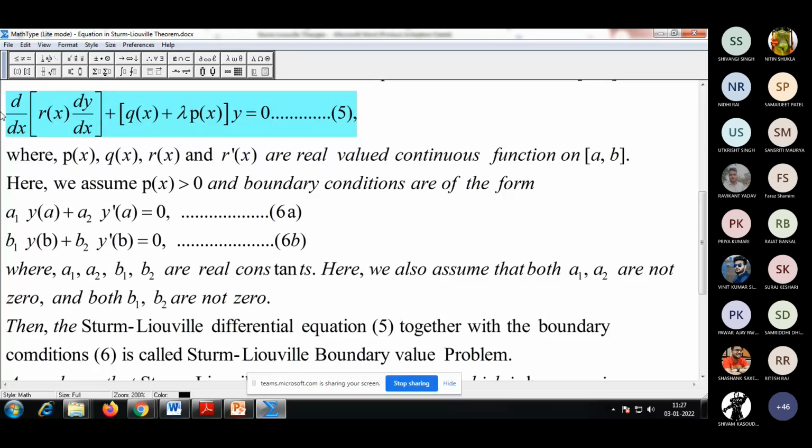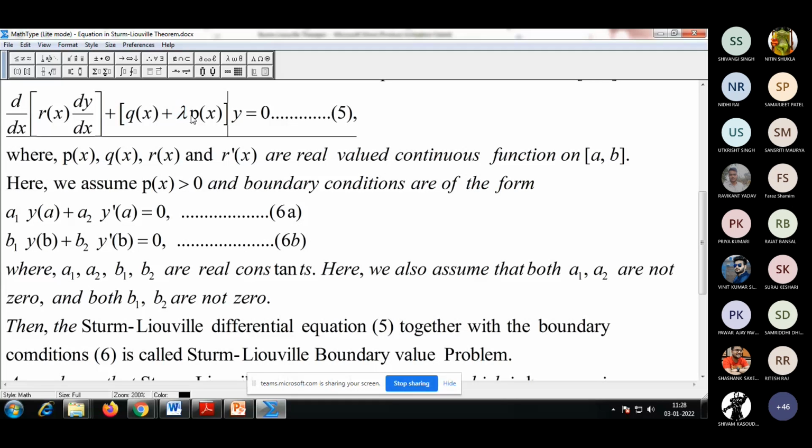So in that case, nothing to do. If a differential equation is homogeneous, then whatever the kind of differential equation, y equal to 0 will always be a solution. So we are not interested in that solution. We are interested in the non-trivial solution of this differential equation. So to find the non-trivial solution, the value of lambda should be chosen accordingly.